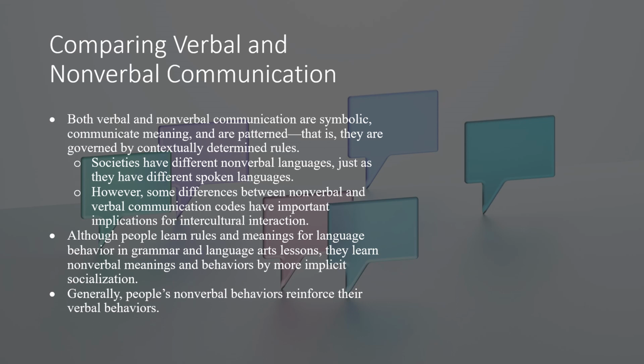Although people learn rules and meanings for language, behavior, and grammar in language arts lessons, that is, we take an ELA or English course and we learn things about grammar and what words mean and how to spell things, we typically learn nonverbal meanings and behaviors by more implicit socialization. Generally, people's nonverbal behaviors reinforce their verbal behaviors.